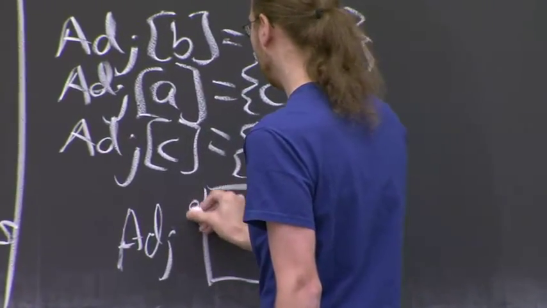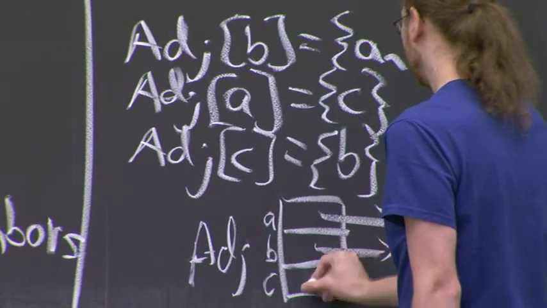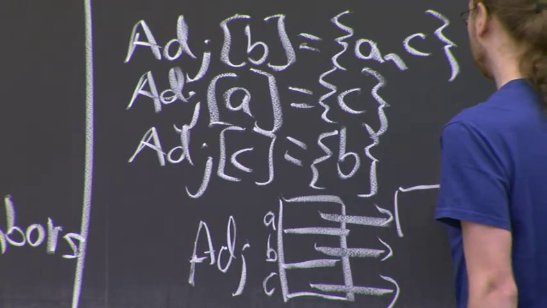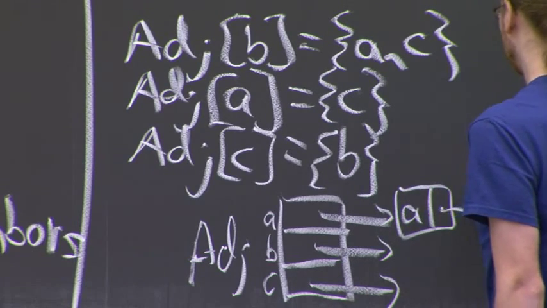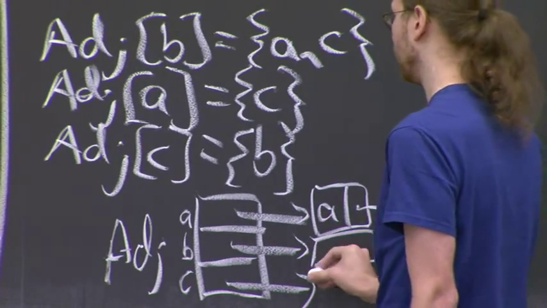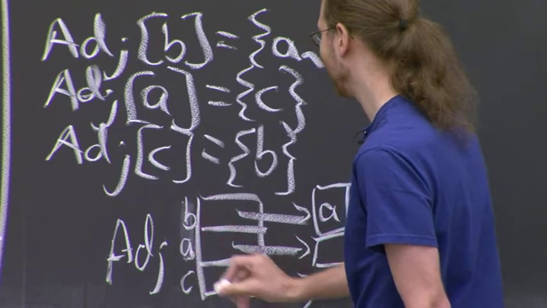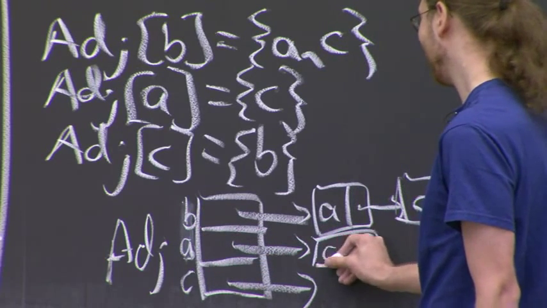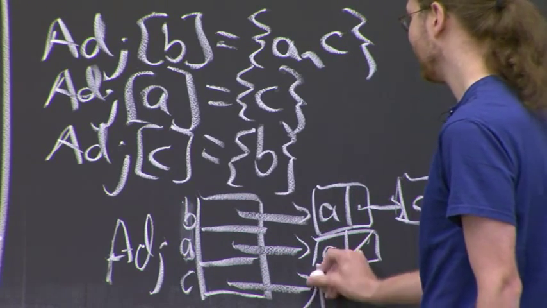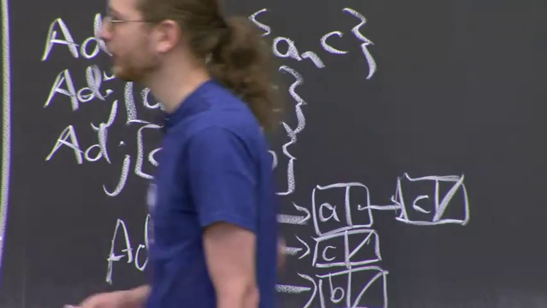So you've got A, B, and C. Each one of them is a pointer to a linked list. A is a pointer to C. C is a pointer to B. B, who said it had to be alphabetical order? OK, that's explicitly how you might represent it.